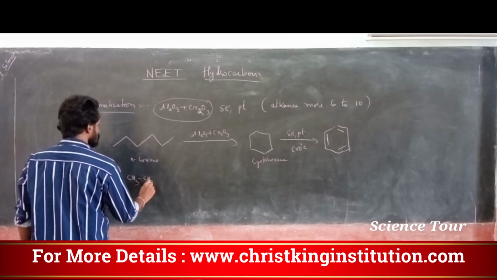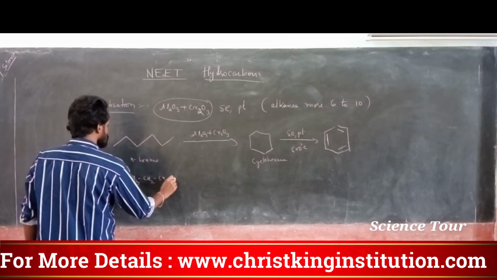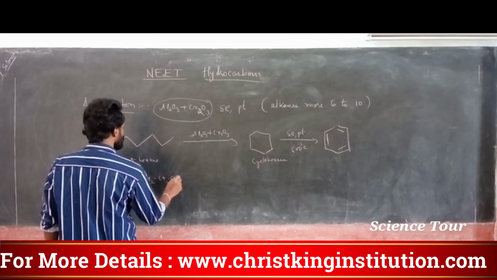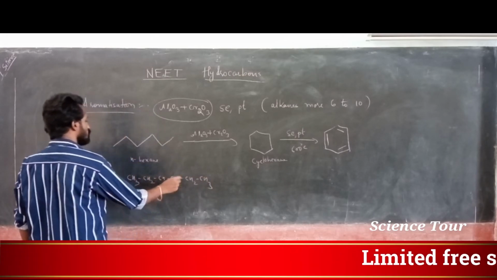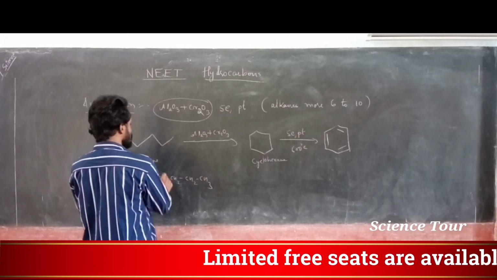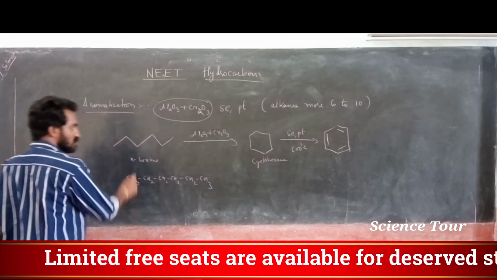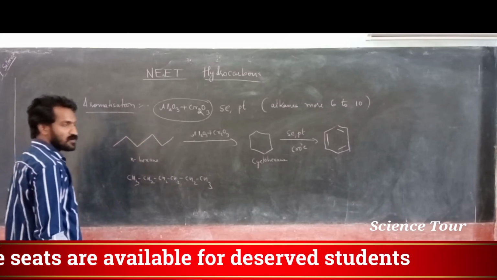CH3 CH2 CH2 CH2 CH2 CH3, 1 2 3 4 5 6. This is actually N-hexane. The same thing I wrote here as a bond line structure, don't get confused.